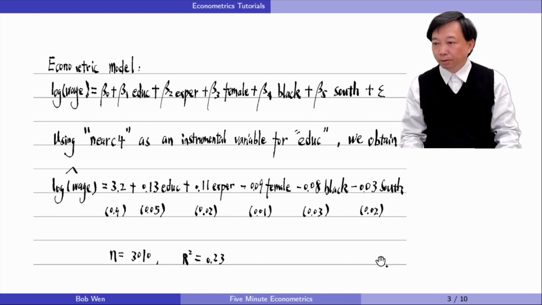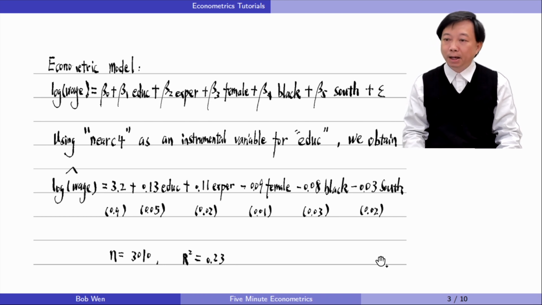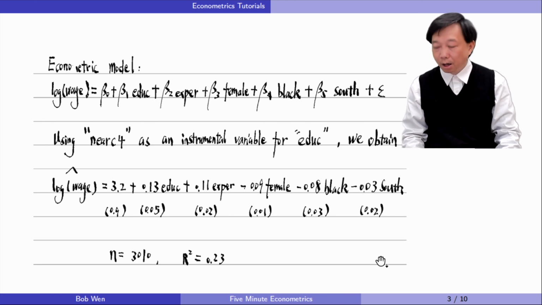When we interpret the estimate, it is on average, or it is the expectation. On average, 1 more year of education is expected to increase wages by 13% after holding other variables fixed and alleviating the omitted variable bias with the IV method.